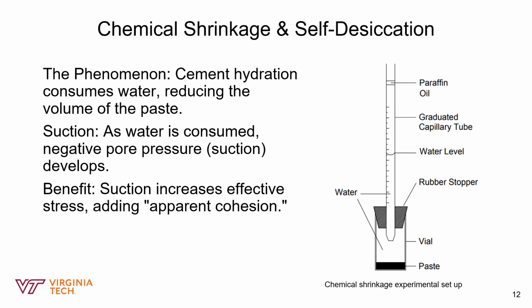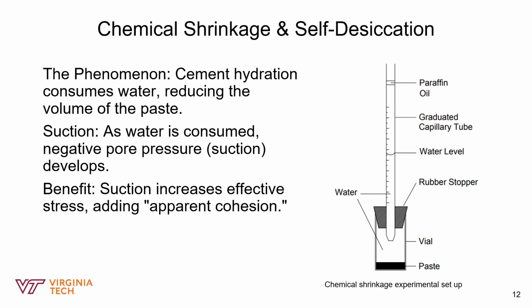Now we move to a unique property called chemical shrinkage. This chemical shrinkage helps explain why the paste fill gets so strong even when it's sealed underground. We often think cement hardens because it dries out, but underground there is no air to dry it. Instead, the cement chemically consumes water through a process that we call hydration.